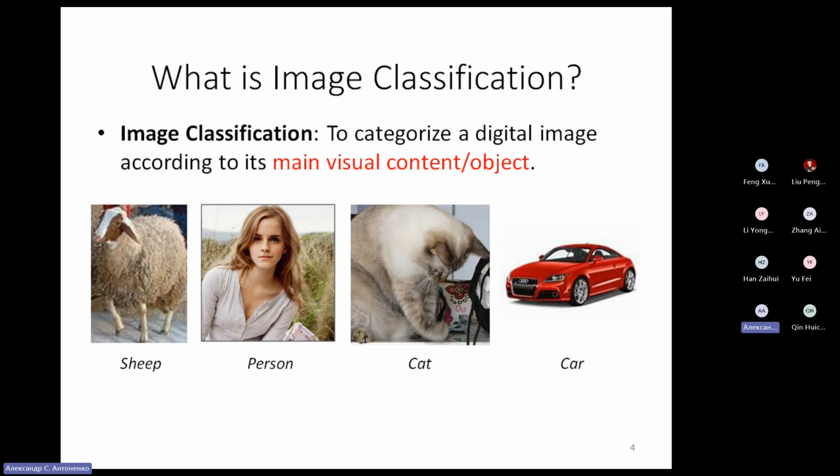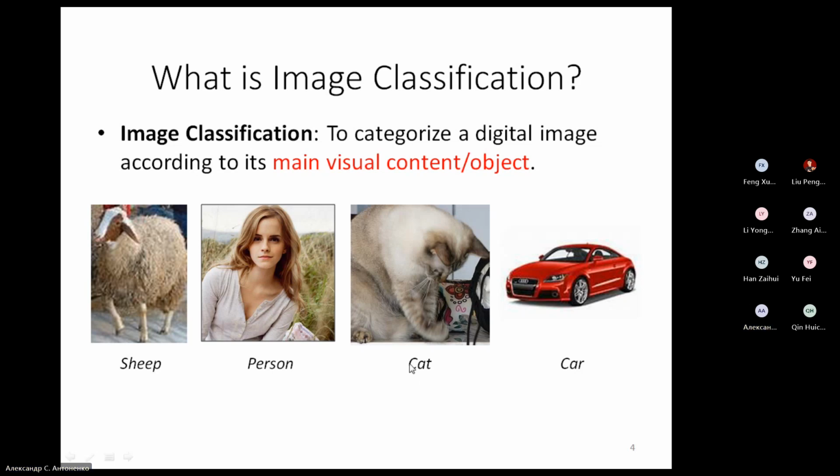Also, this task is very well formulated and quite easy to formulate. It is easy to understand what the input is, a single image, and what the answer is, some single category, for example, cat. Not a very simple input, actually quite a complex input, but a very simple answer.